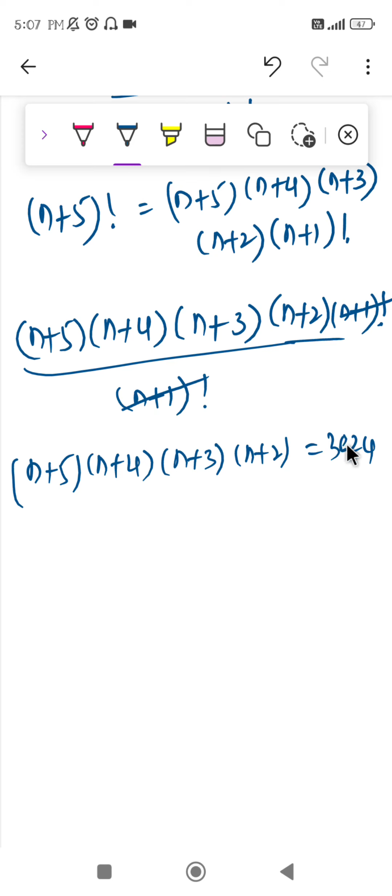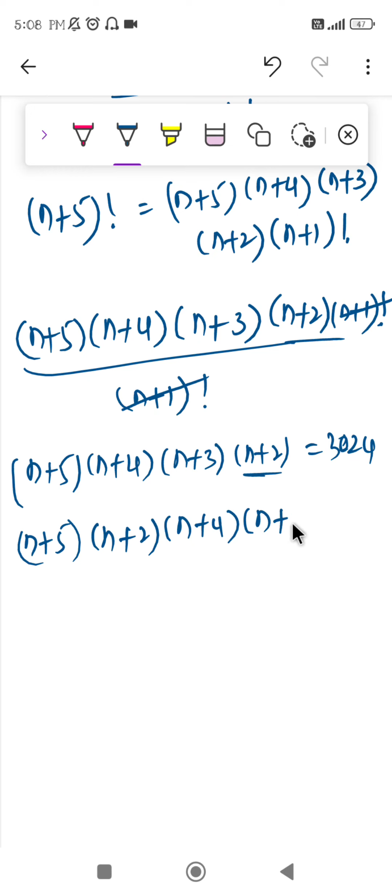So this one I am rearranging. (n+5), here I am taking the second term as (n+2), so (n+5)(n+2) into (n+4)(n+3) is equal to 3024. And now we multiply these two terms and these two terms.